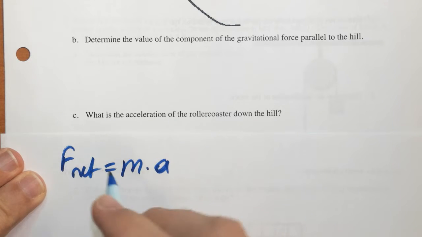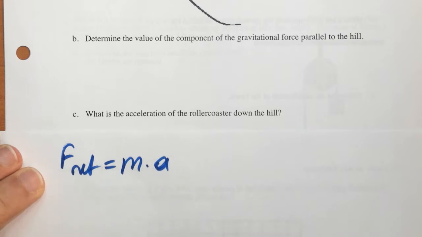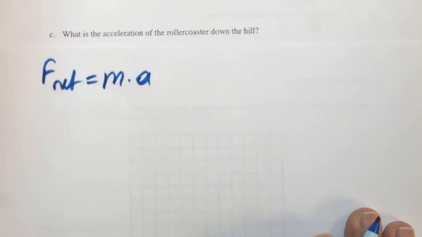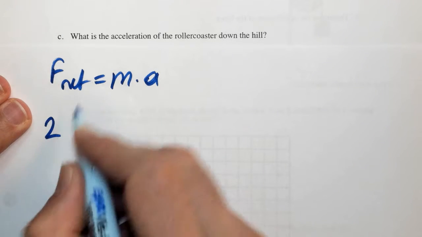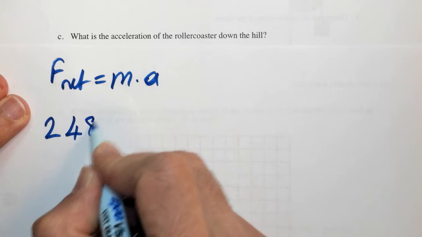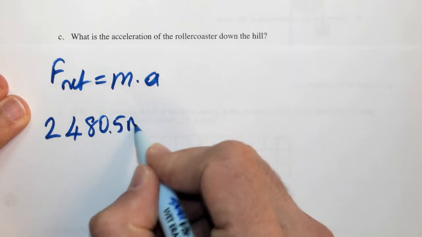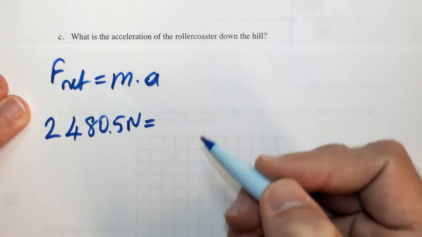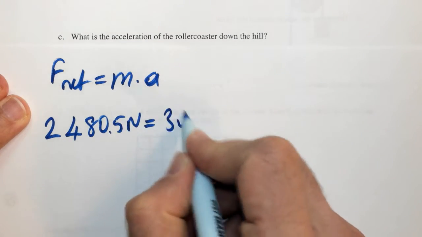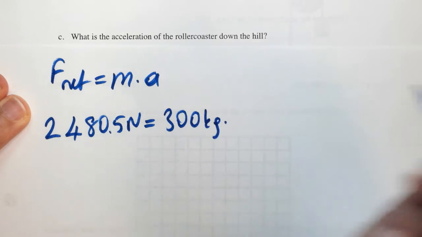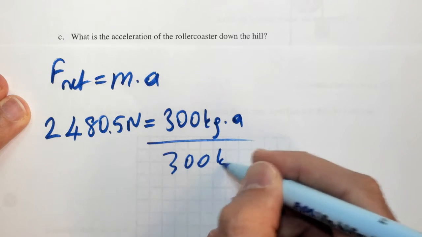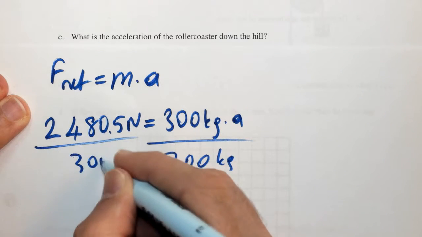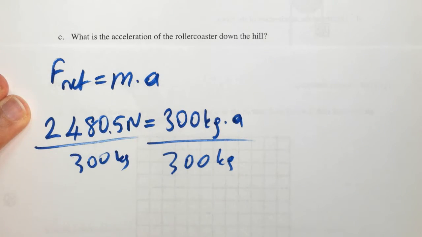So we know the net force is 2480.5 Newton equals mass 300 kilogram times acceleration. Divide both sides by 300 kilogram, and the 300 kilogram cancel each other.